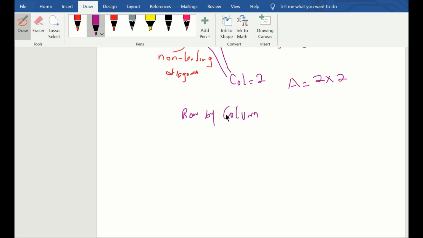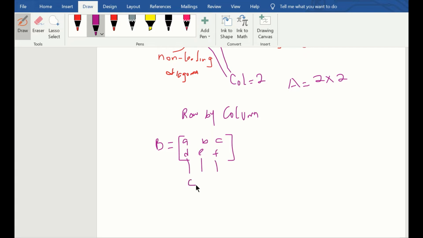I can give us another example. For example, I have matrix B is equal to, let's say we have A, B, and C, and here we have D, E, and F. Now this matrix has 3 columns, which are 1, 2, and 3.